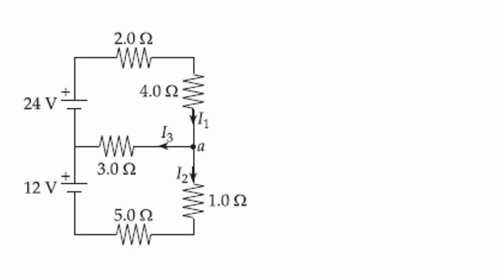All right, so we know that I1 was equal to 3.5 amps. And if I1 is equal to 3.5 amps, then I2 equals 6 minus 3.5. That gives us 2.5 amps.